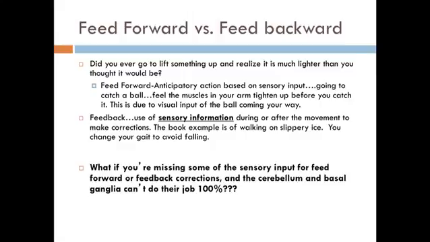The feed forward is that type of an anticipatory action. And these are all motor stuff I'm talking about. The feedback is, say we're walking along and all of a sudden we realize that it's like black ice. Okay, so the sensory input: we're walking along, we think that the cement is fine, all of a sudden you're like, whoa, and then how do you start walking? You start walking like this, right?